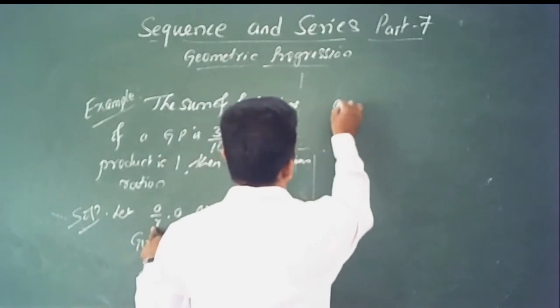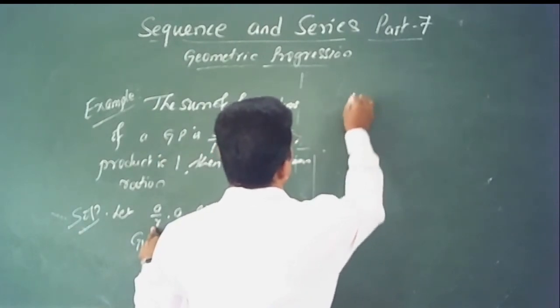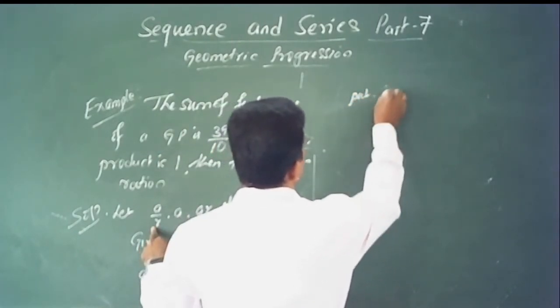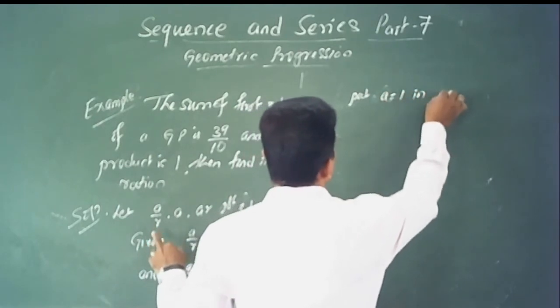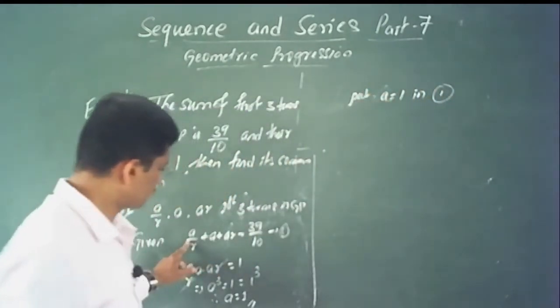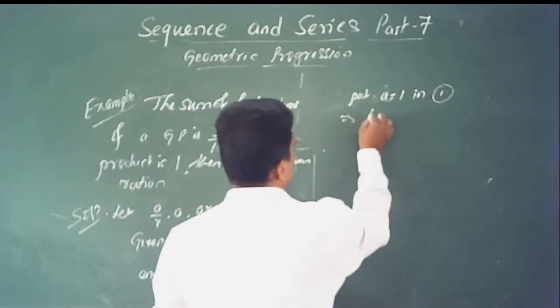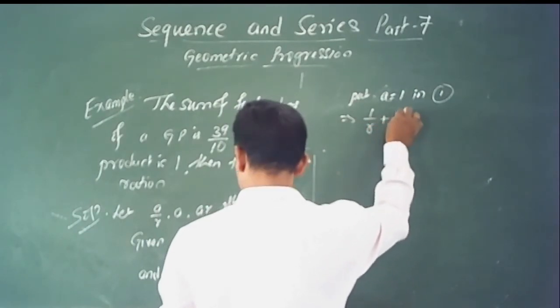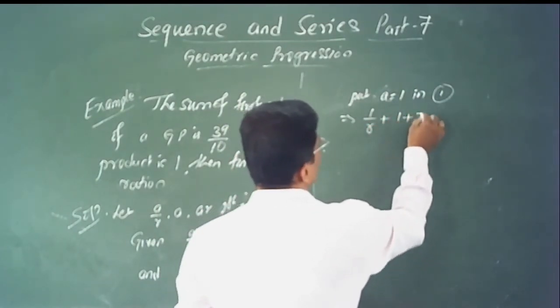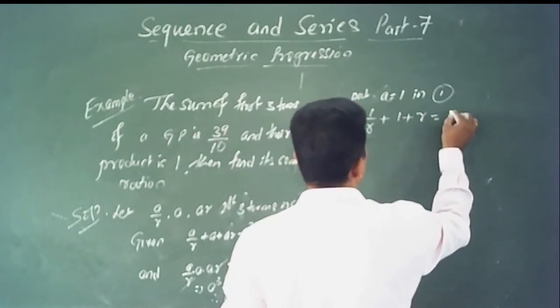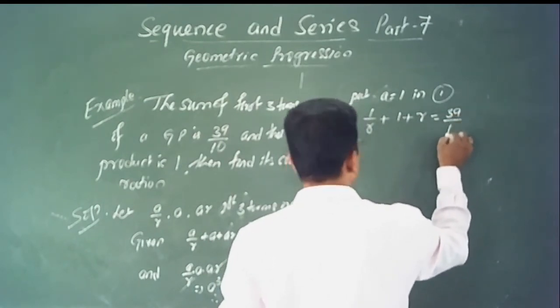Put the value of A is equal to 1 in result 1. Substituting, it implies 1 by R plus 1 plus 1 into R is equal to 39 divided by 10.